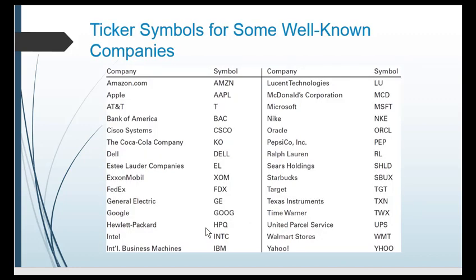And one of the things I'm sure you're well aware of is that each company has a ticker symbol. And typically, if you're on the New York Stock Exchange, you're going to have a 2 or a 3-letter ticker symbol. And if you're on the NASDAQ, you will typically have a 4-symbol ticker symbol.